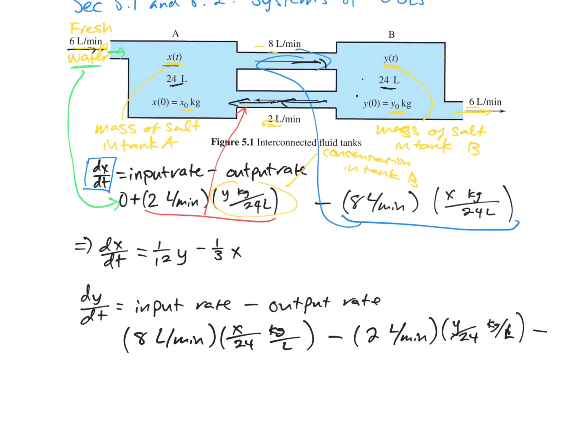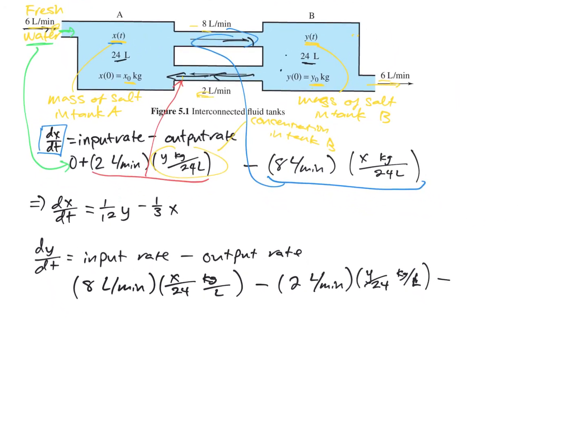And then we have to subtract one more, and we'll do now the pipe going out at the very end. So that's going to be 6 liters per minute times y over 24 kilograms per liter.